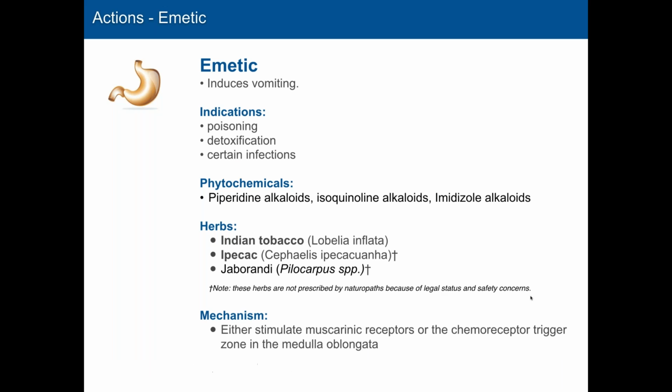I think there was another herb, but what was there? Oh, Jaborandi, the Pilocarpus species. That also is an emetic because it stimulates muscarinic receptors. But again, that's not really a herb that, to the best of my knowledge, is well, maybe it's legal, but it would be flying under the radar if it's not. These are things you've got to be careful with.